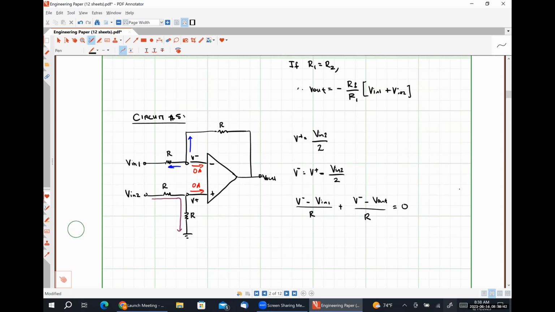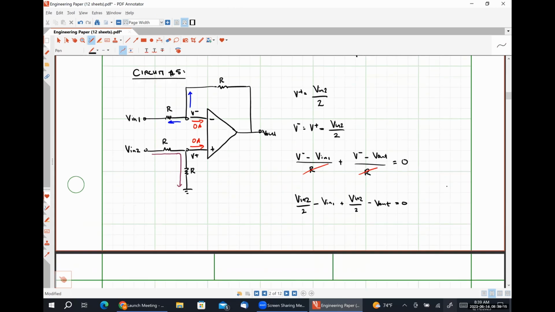So I'm going to actually talk you through the algebra here a little bit. We can see that there is a common factor of 1 over R. So if we multiply both sides through by R, we get rid of this. And now substituting in our relationship for V minus, we have VN2 over 2 minus (VN1 plus VN2 over 2) minus V out is equal to 0.